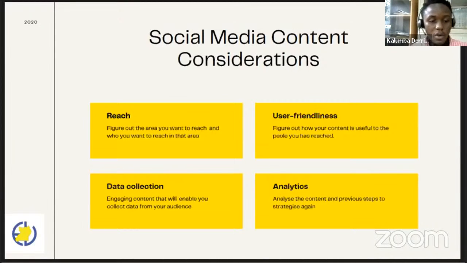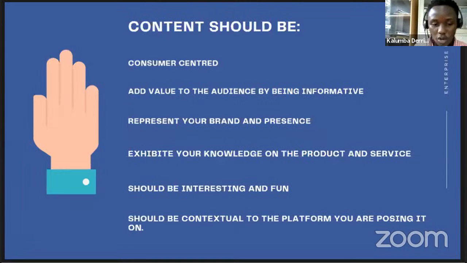So let's discuss the content itself. As we have said, content is king, and it's going to be the key focus of this conversation as we move forward. So what should your content be? Your content needs to be consumer centered. You must produce content that is for the consumer, that is meant to add value to the consumer.